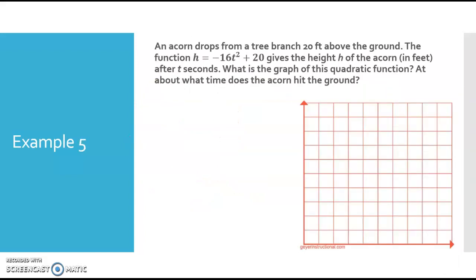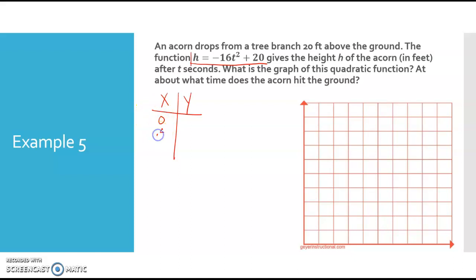Word problem comes down to this. It wants to know the graph of the function and about what time does the acorn hit the ground. It gives you the equation. Okay, you don't have to know your equation quite yet. So we're just going to create our table of values. Actually, the book came up with the values and I'm using them.